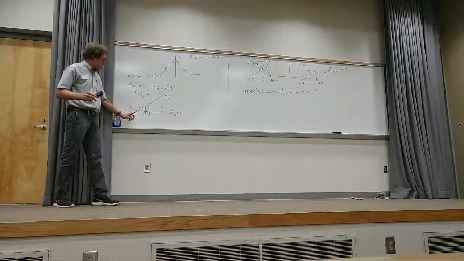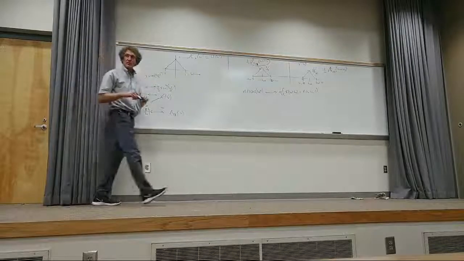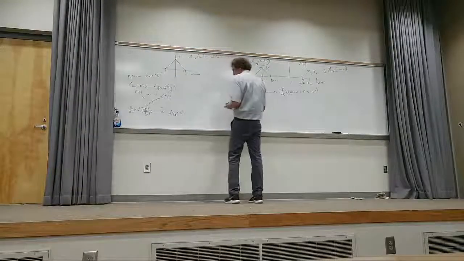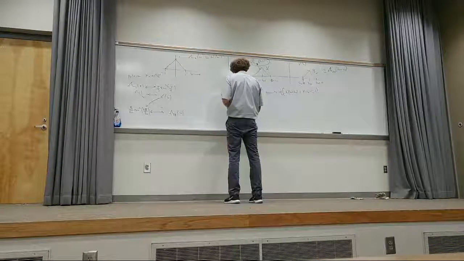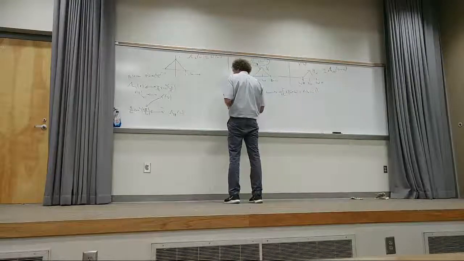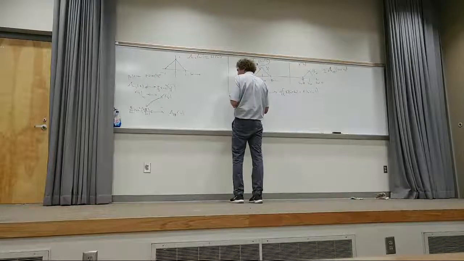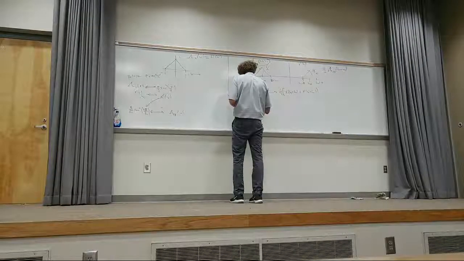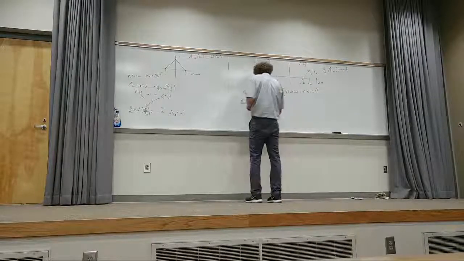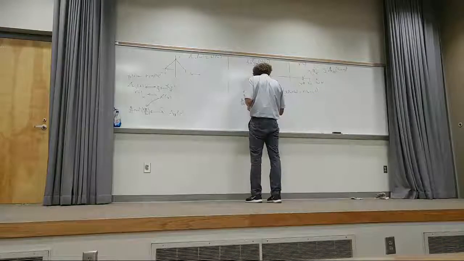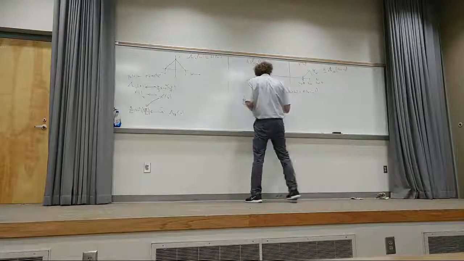This function here is what's going to be multiplied by the cosine. So if I take that function, which is b over 2 pi times sinc squared of t times b over 2, times cosine of omega naught t, that would give me that functional form.